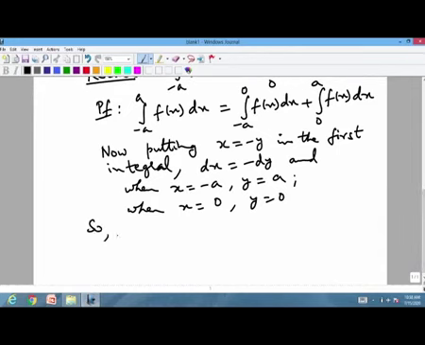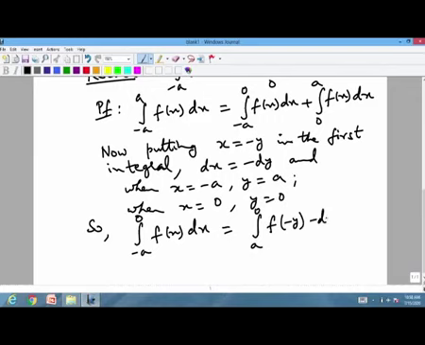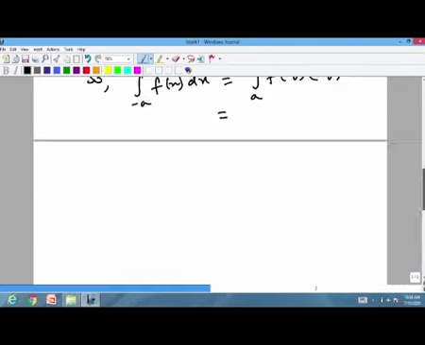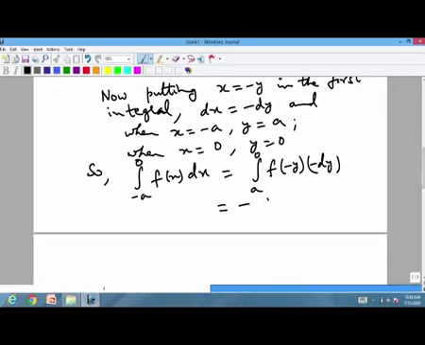So, the integral from minus a to 0 of f(x) dx can be written as the integral from a to 0 of f(minus y) times minus dy, which is the same thing as minus the integral from a to 0 of f(minus y) dy.